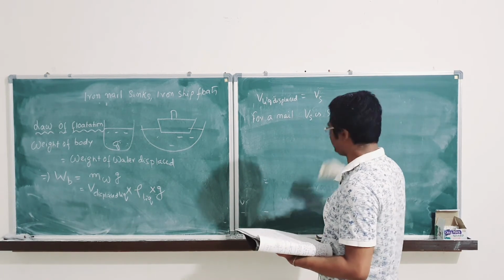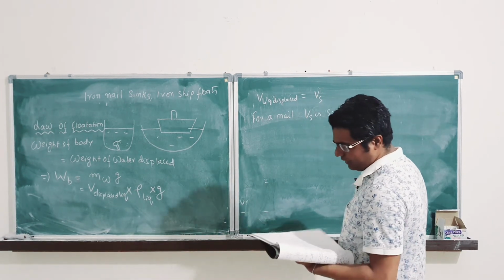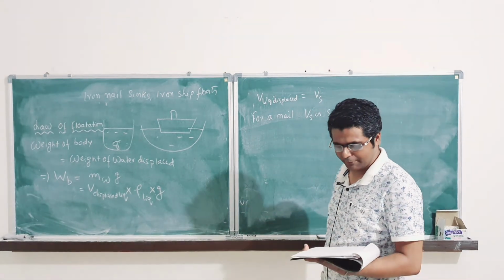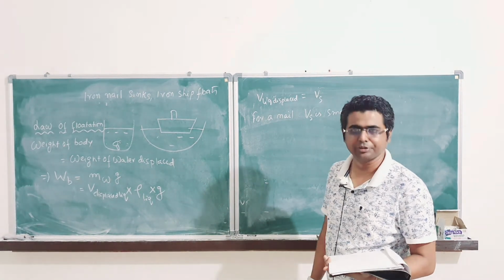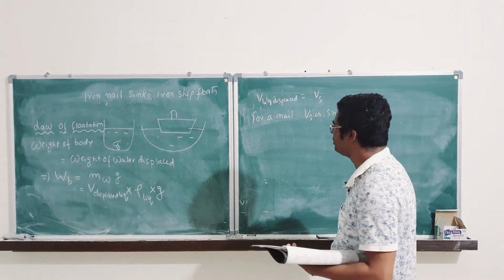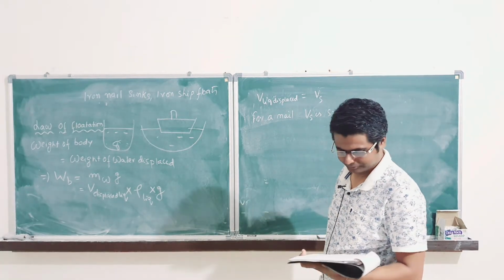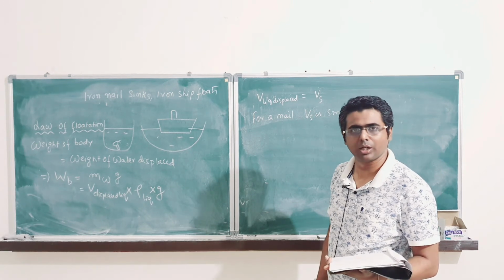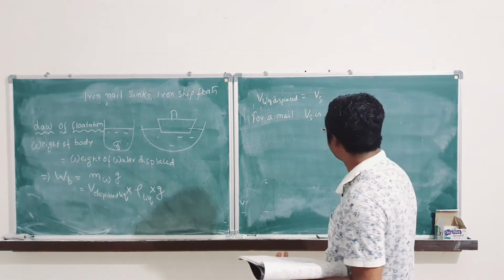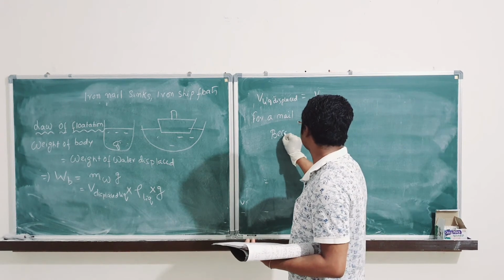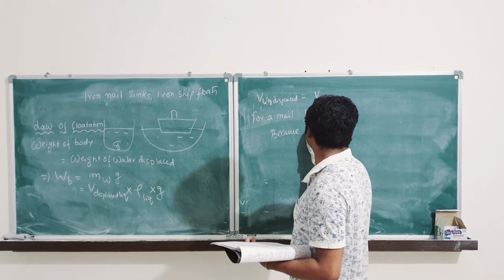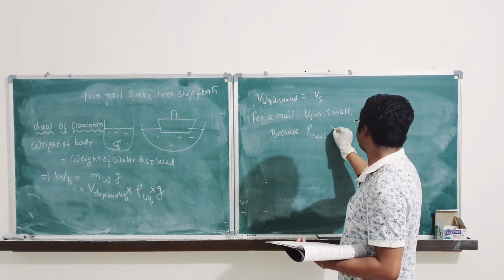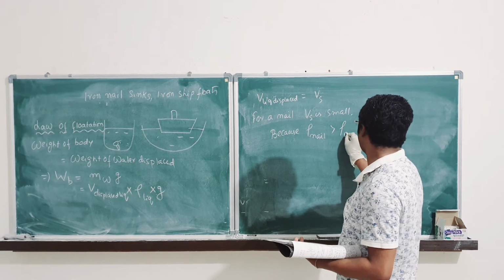Write down: even after complete immersion into the liquid, it is not able to displace enough liquid which will be equal to its weight, clear, full stop. Because rho nail is much more than rho water.